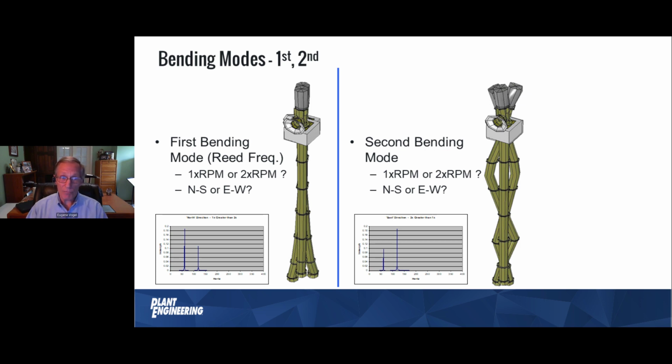So combination: first and second bending mode, first or second rotating speed exciting force, north-south versus east-west. You've got 8 different possible natural frequencies that machine might excite. Put it on a variable speed drive, I guarantee you it's going to find one of them. So this is a common problem with this particular type of machine, but on horizontal machines as well.